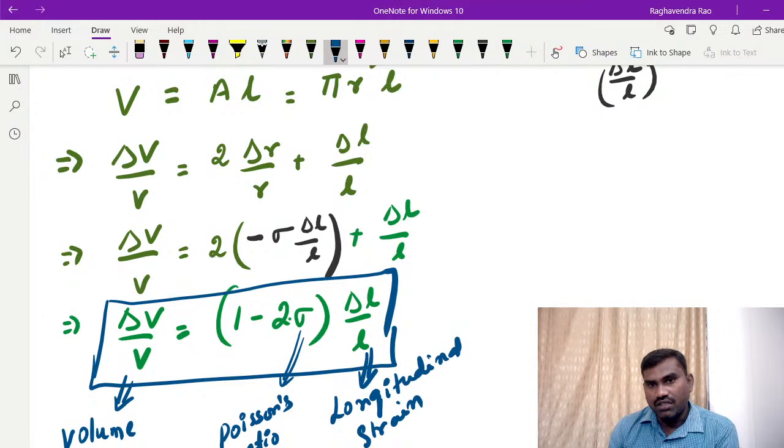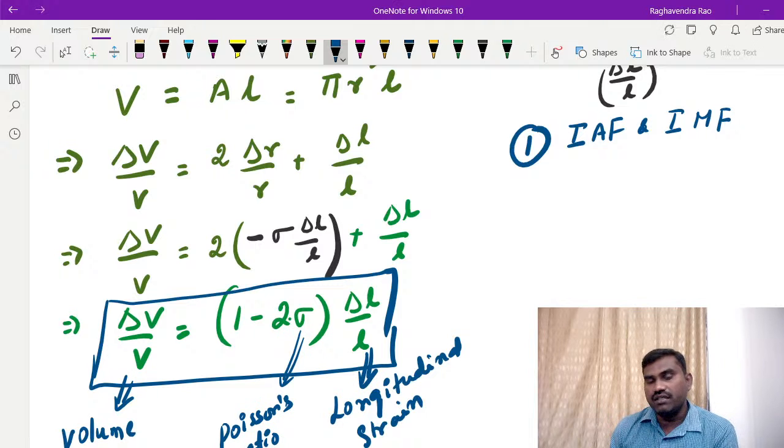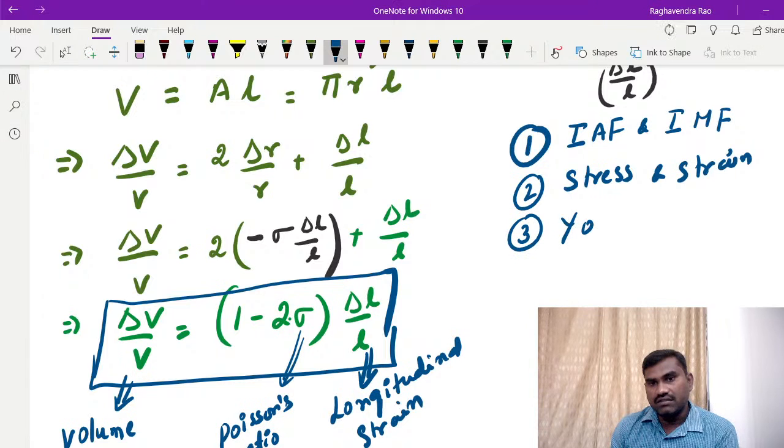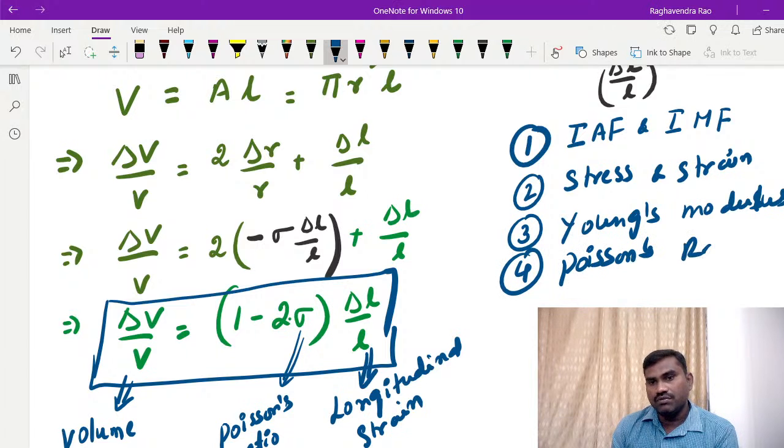Okay. So from the chapter on mechanical properties of solids, we have covered interatomic and intermolecular forces, stress and its types, strain and its types, then Hooke's law, Young's modulus, and Poisson's ratio.